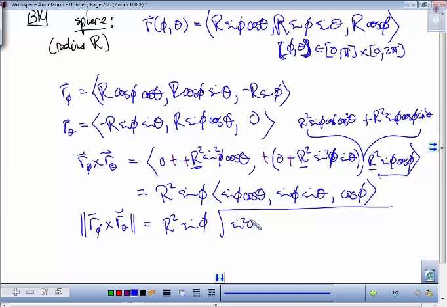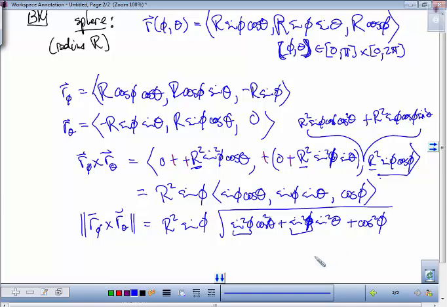You got sine squared phi cosine squared theta, plus sine squared phi sine squared theta, plus cosine squared phi. So from the first two, if you factor out a sine squared phi, you're going to get sine squared phi times 1, plus cosine squared phi.